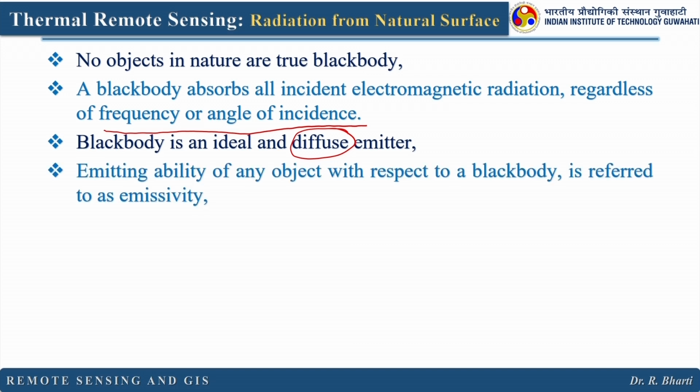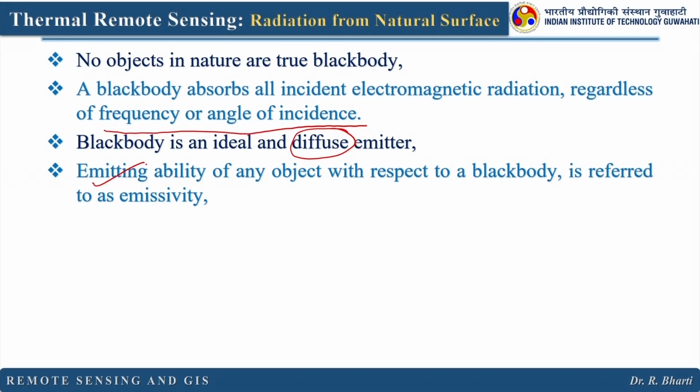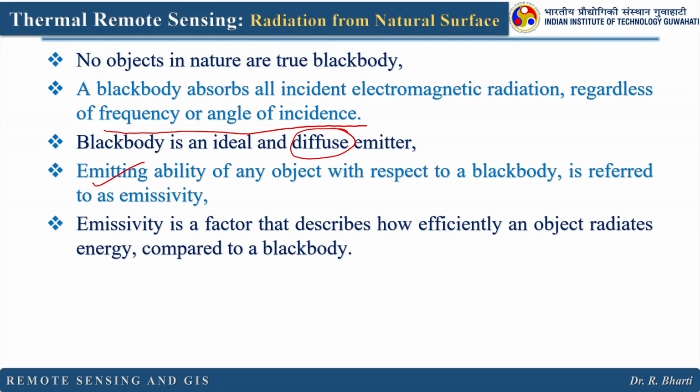The next point is that the emitting ability of any object with respect to a black body is referred to as emissivity. That means if we can measure the radiance in the thermal range of any given material at a particular temperature, and at the same temperature measure the radiance of a black body, and divide them, then we will get the emitting ability of that particular material, right.